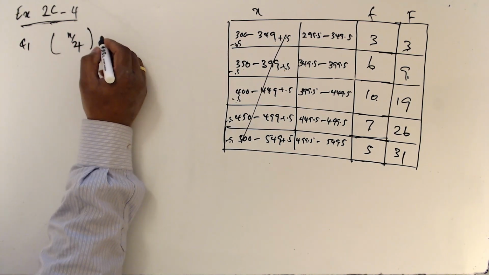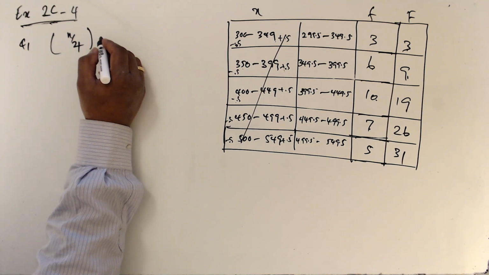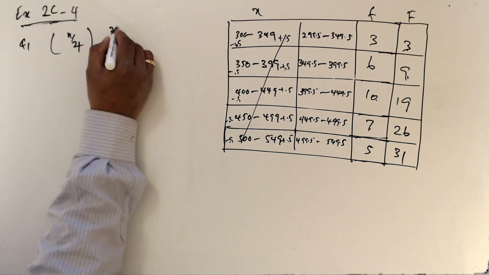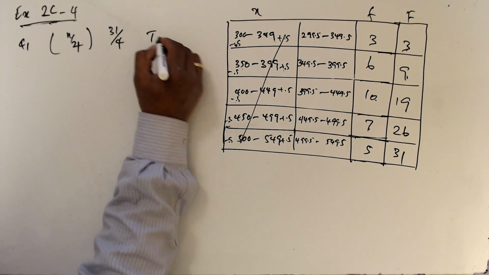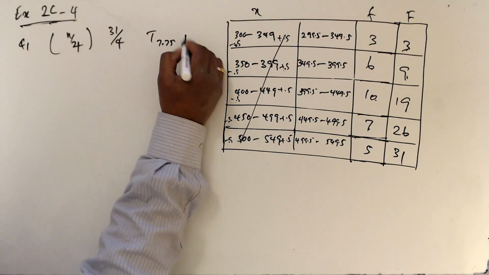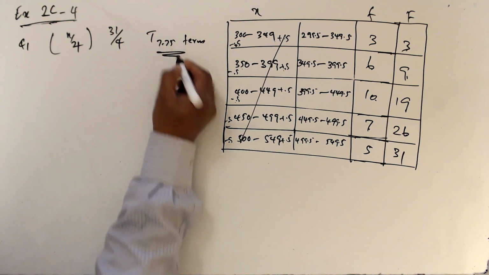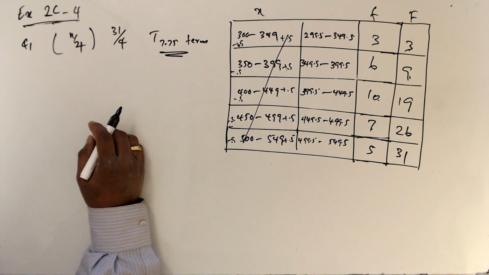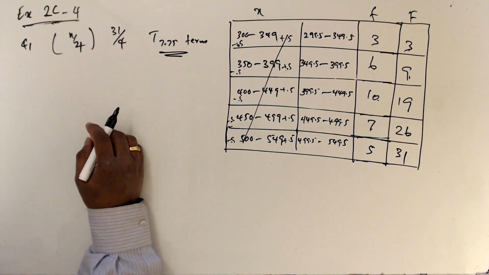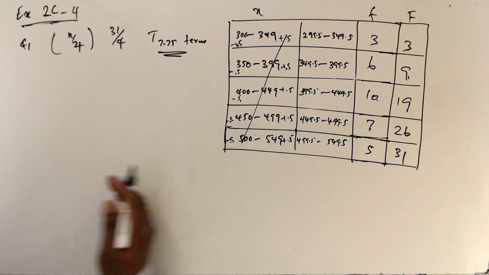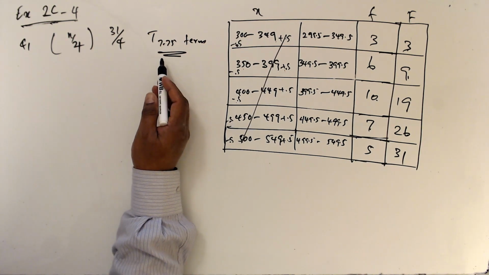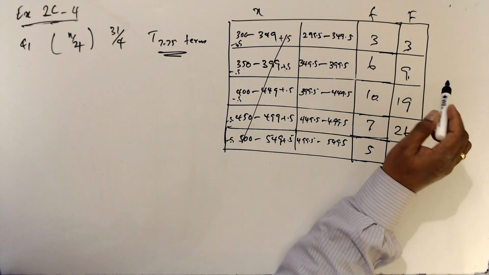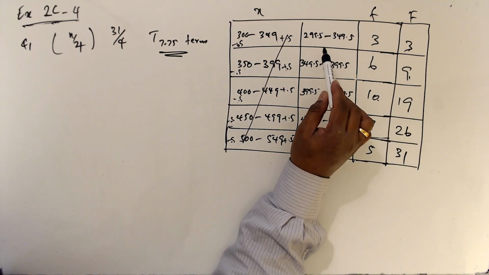There were 31, so 31 divided by 4, we need the 7.75th term. We can find it exactly because it is interpolation. It means the 7.75th term in the ordered data.